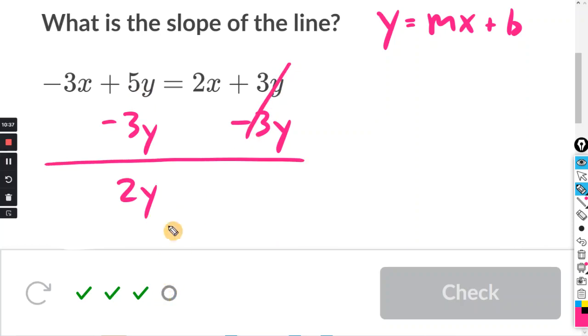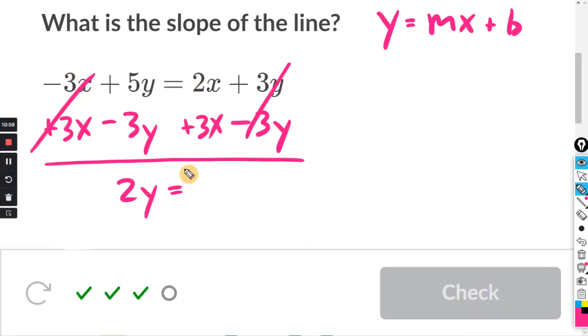Now, I'm going to bring down the equal sign, and since I want y equals by itself on one side, I want to get this negative 3x on the other side. The opposite of negative 3x is positive 3x. Do that to both sides. 3x minus 3x cancels.